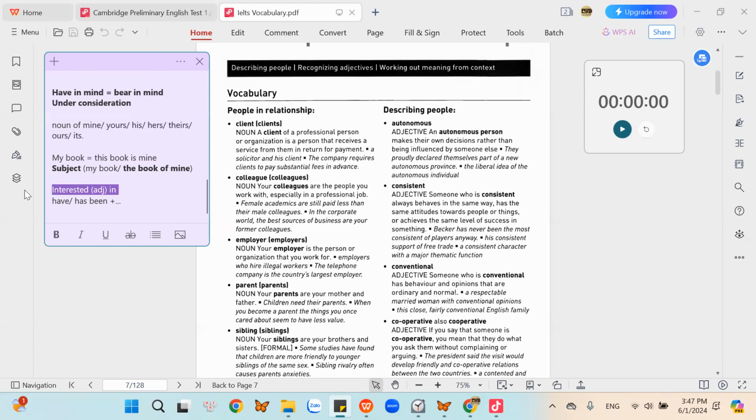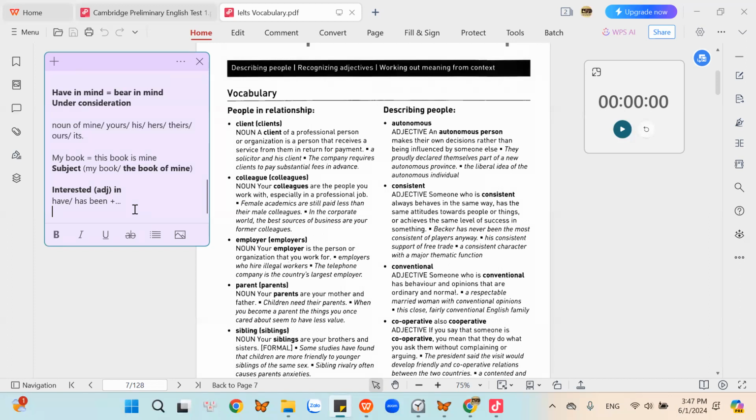I have been teaching English for more than 6 years. I have taught English for more than 6 years. So if you want to say something you have felt from the past to now, you use an adjective with the present perfect, that is have, has been. That is it.